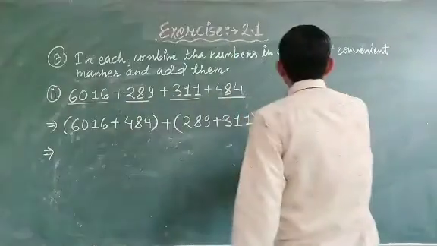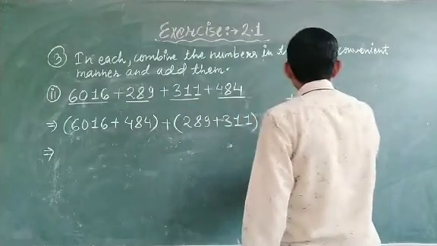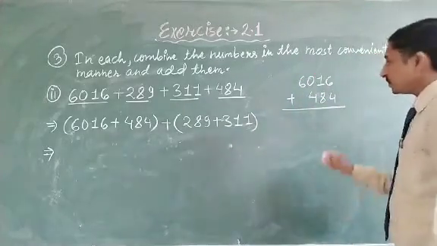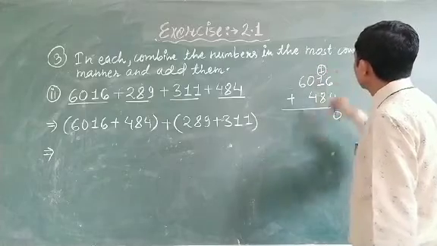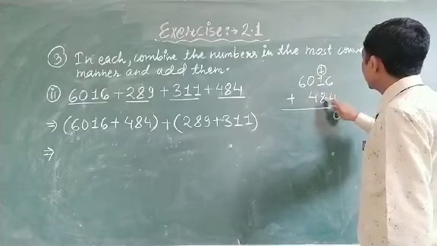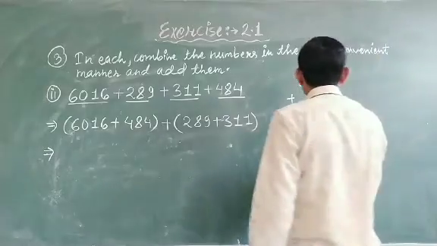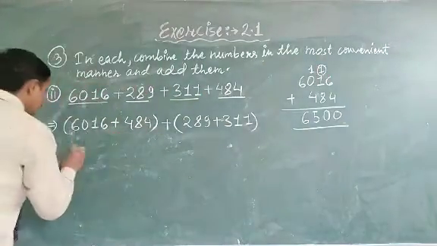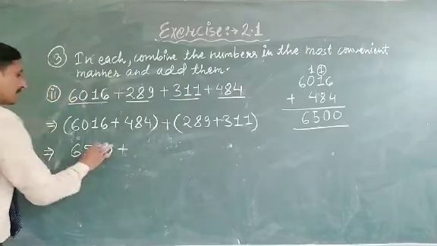Now you see 6016 plus 484. Now 6 plus 4, 10, 1 is carried. 1 plus 8, 9 plus 1, 10, again 1 is carried. 4 plus 1, 5, 6, 5 0 0. So by adding these two we get the result 6500.